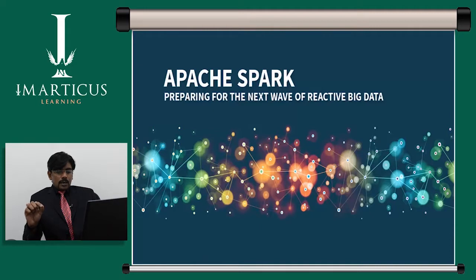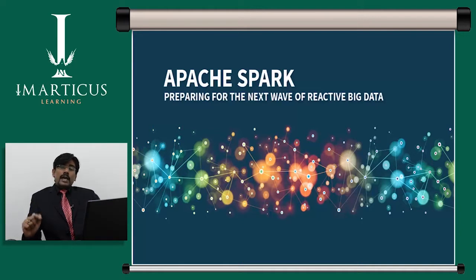Now Apache Spark has its own cluster management, and it does not depend upon MapReduce and Hadoop. However, in one of the models you can also use Hadoop, but it's not completely dependent on Hadoop. Spark has its own storage and processing.